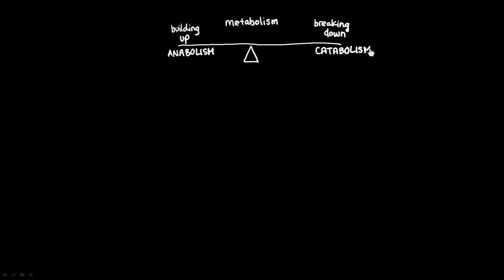So metabolism is kind of the balance between building things up or repairing or storing inside the body and breaking things down, usually for energy needs. So how are the things that we eat broken down for energy or stored within the body? Let's start by looking at carbohydrates. So we eat our carbohydrates, and they are in the form of starches or sugars.